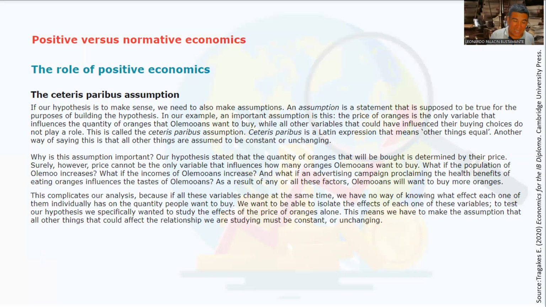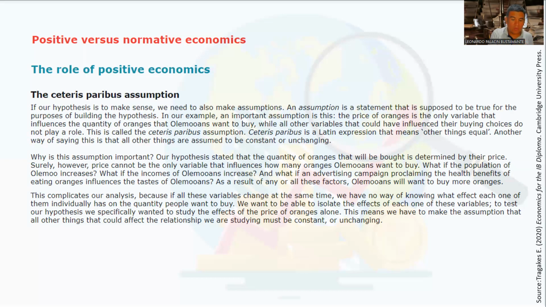So this complicates the analysis because if all the variables change at the same time, we have no way of knowing what effect each one of them has individually on the quantity people want to buy. So it's very hard if we have many more variables playing a role at the same time. We need to single out the variable.